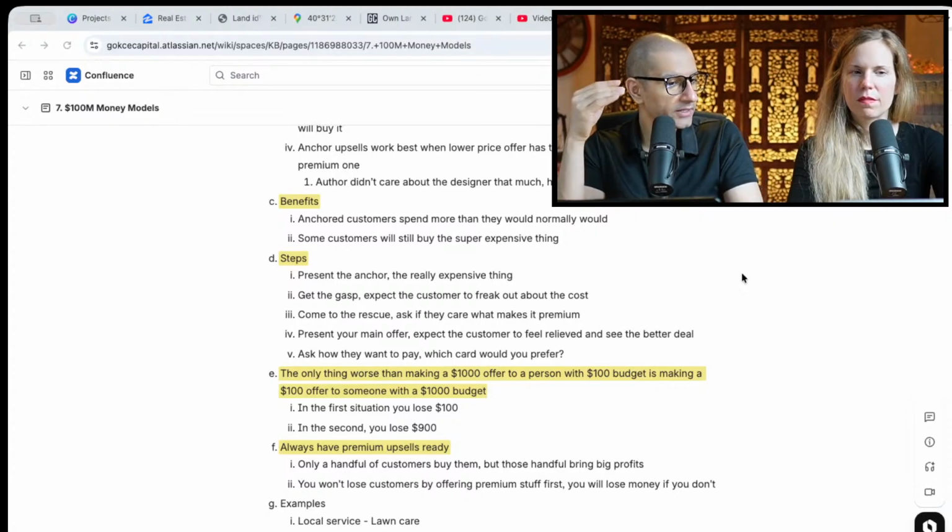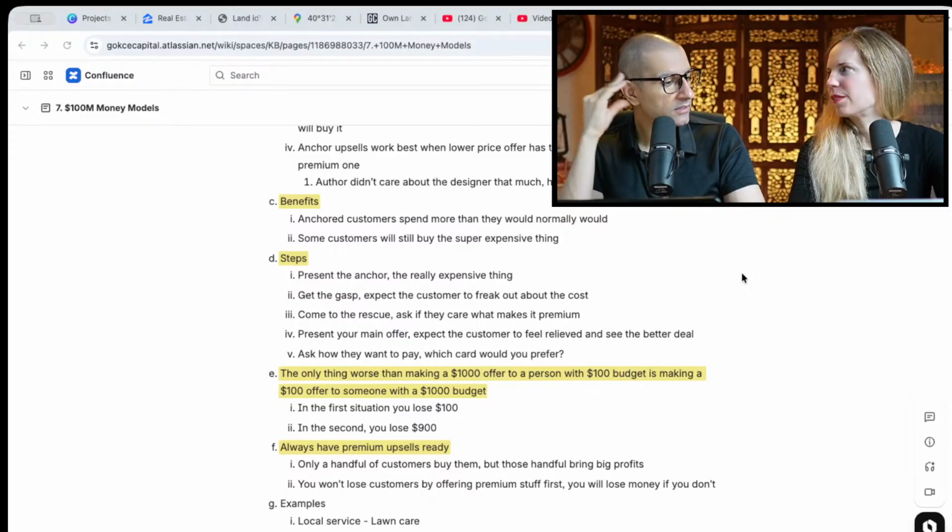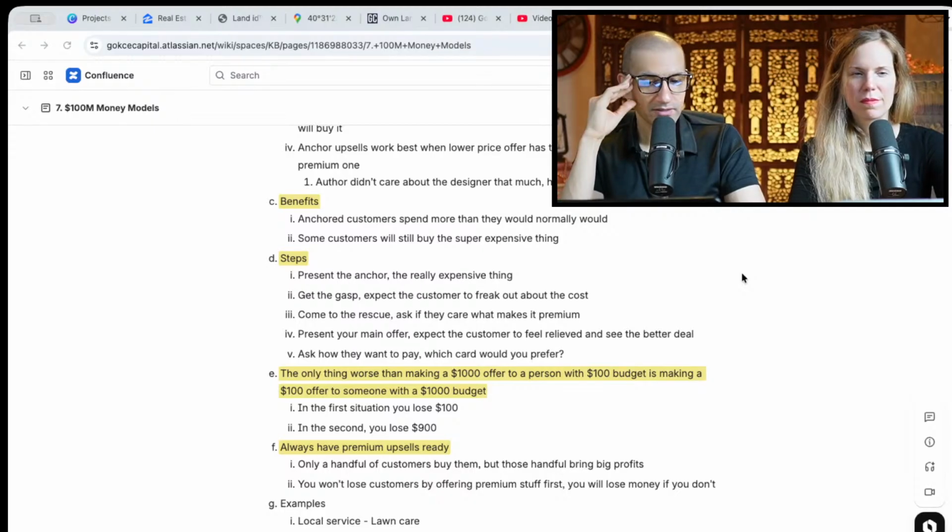It happens in grocery stores as well. A lot of people who have a very strict budget will say, all right, I cannot spend more than $200 on groceries, and then they go to Whole Foods or whatever, and they see this and that and end up spending more, right?